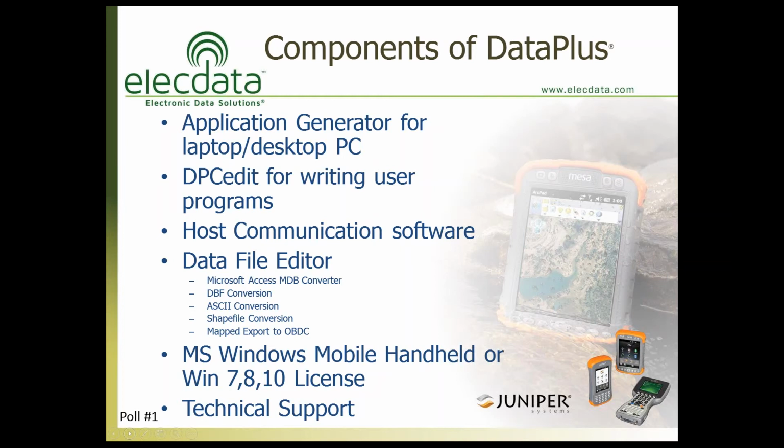This is kind of the guy that's generating the applications or the data sheets for everybody else, and then you can deploy a crew of 1 to many people out to the field that are running either the Microsoft Windows Mobile handheld license on their rugged field computer or GPS, or running the Windows license on a field tablet or laptop. So that's the application generator. It's used for creating your applications and customizing those specifically for your own needs.